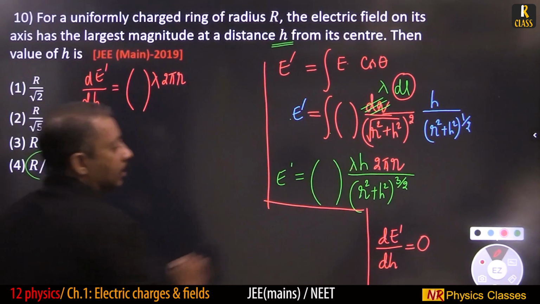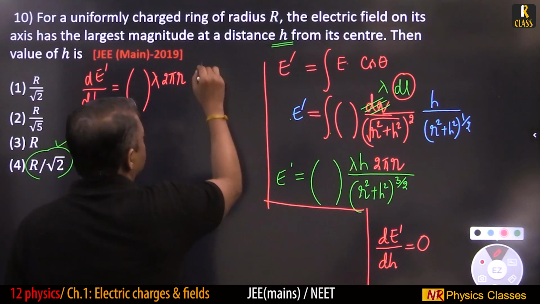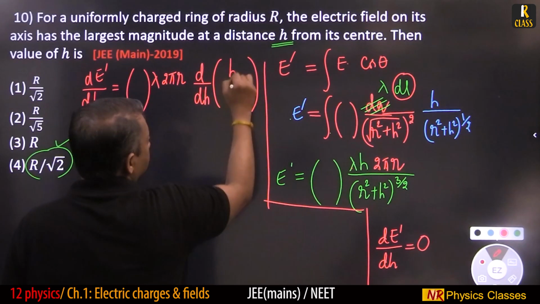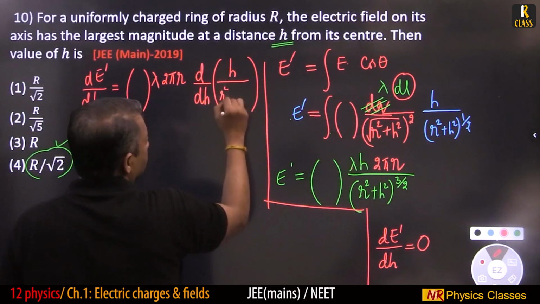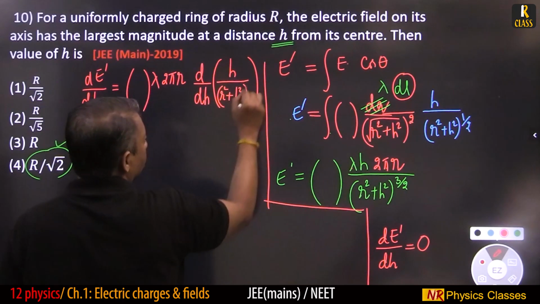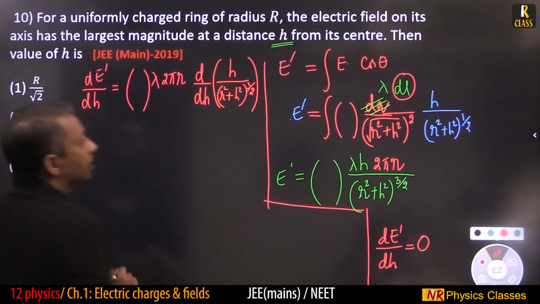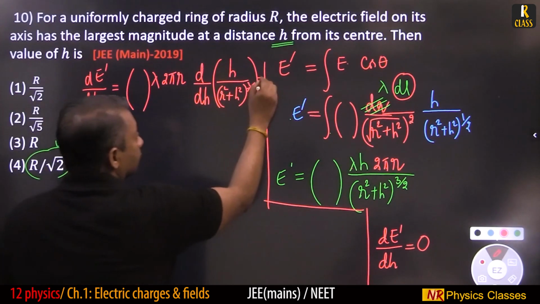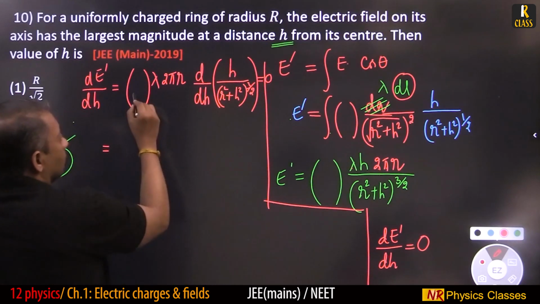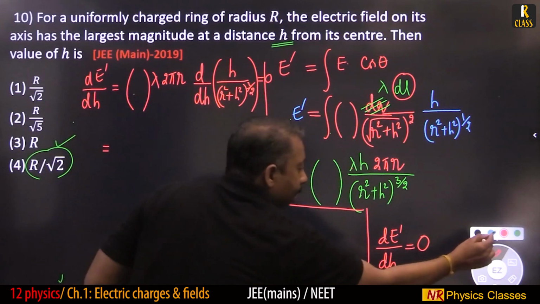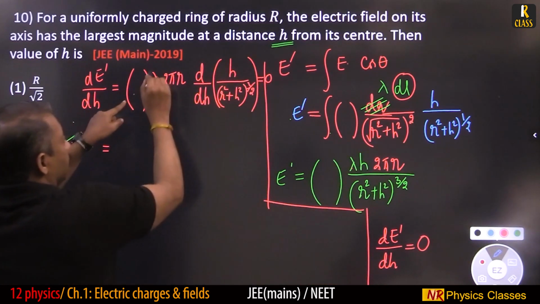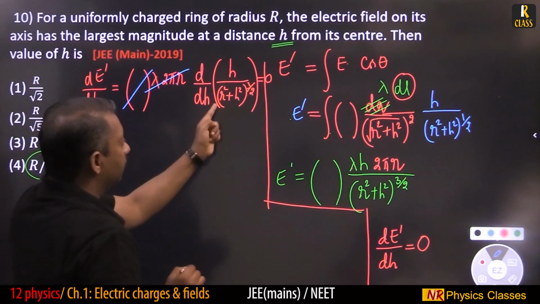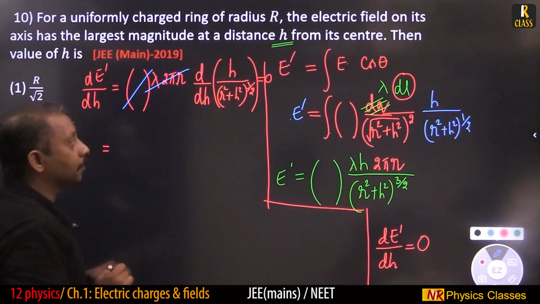Now how to differentiate? dE dash by dh equals this constant lambda 2 pi r, times d by dh of h by r square plus h square whole to the power of 3 by 2, in terms of h. Equate this to 0. Lambda 2 pi r cannot be 0, so drop this. So differentiate and then equate it to 0.